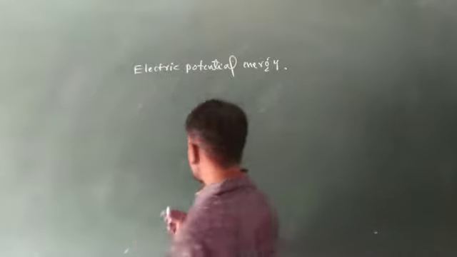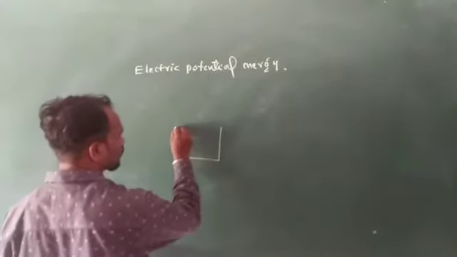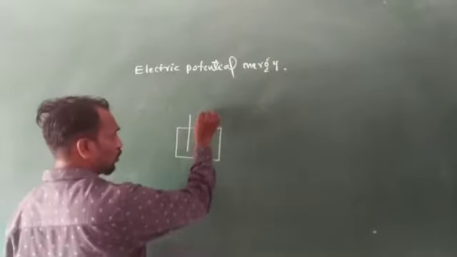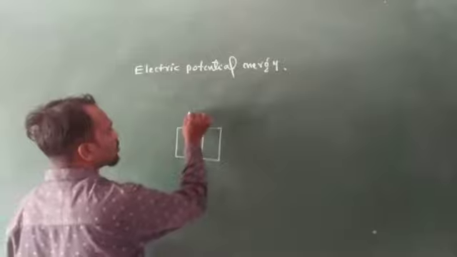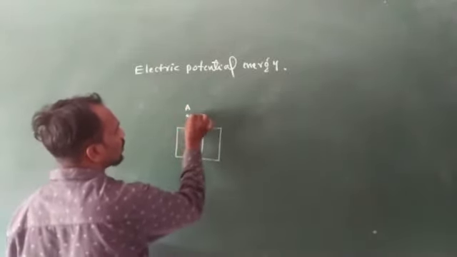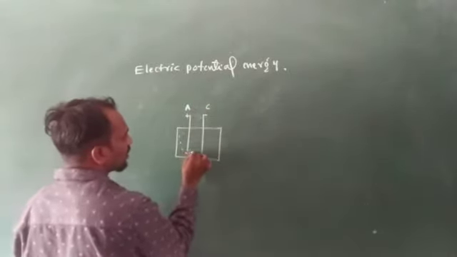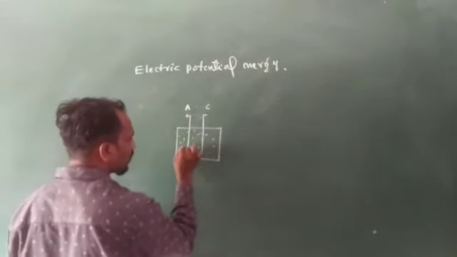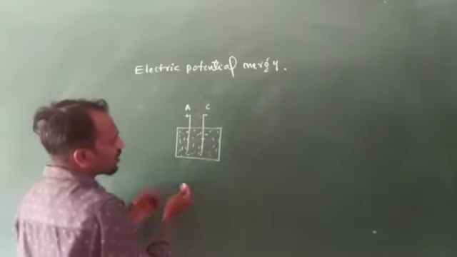For example, consider this is a cell with two electrodes, one a cathode and the other an anode. Suppose this electrode is the anode and this one is the cathode, and here we have chemicals.